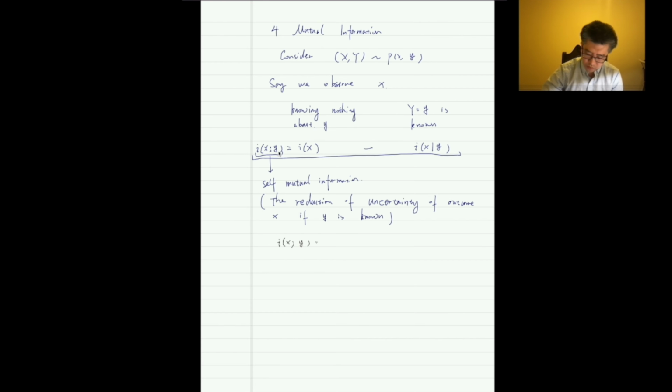The self-mutual information equals Ix minus Ix given y. Let's use the definition of the self-information and the conditional self-information. So that is log 2 1 over px minus log 2 1 over px given y.